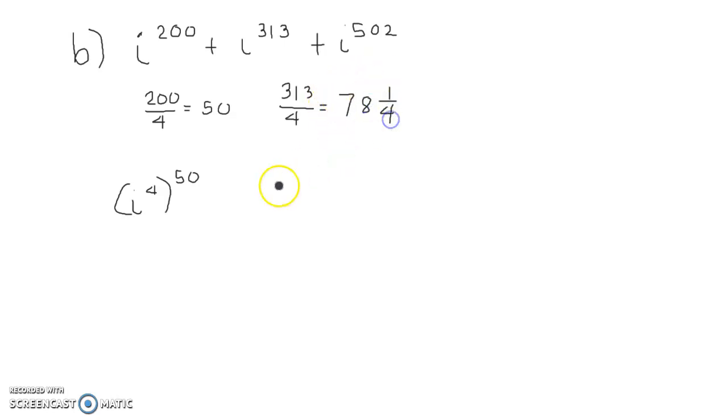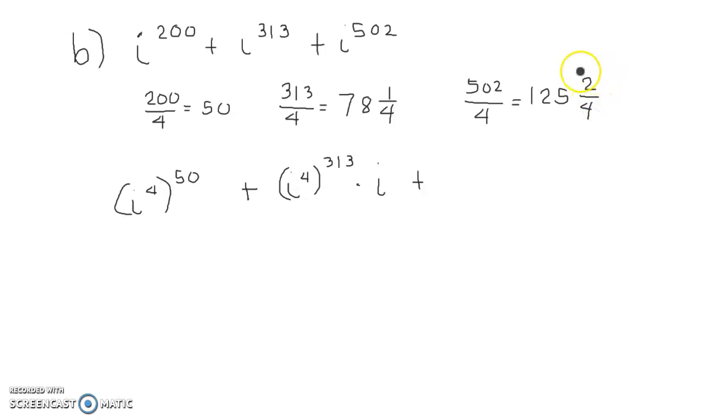So we have plus i raised to 4 raised to 78 times i, plus i raised to 502. 502 divided by 4 is equivalent to 125 and 1/2, or 2/4. So meaning we have two remaining i's. So that's i to the 4th raised to 125 times i squared.